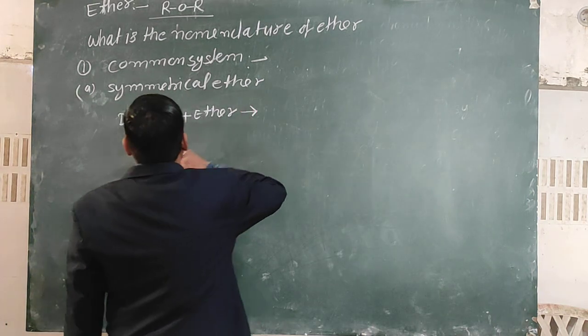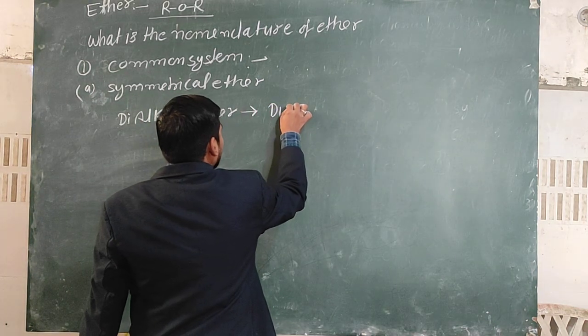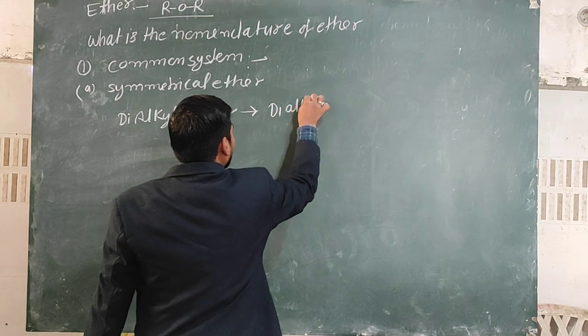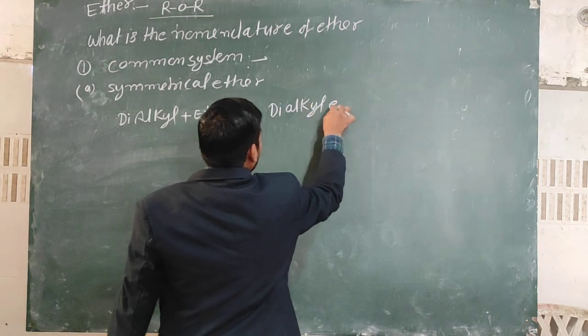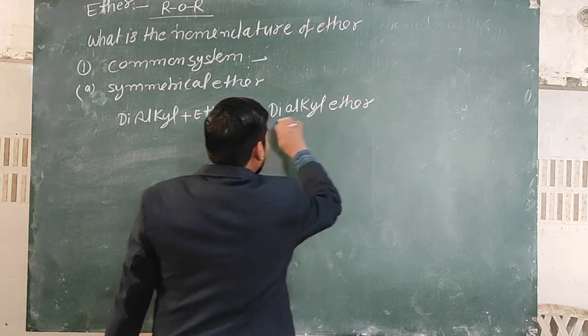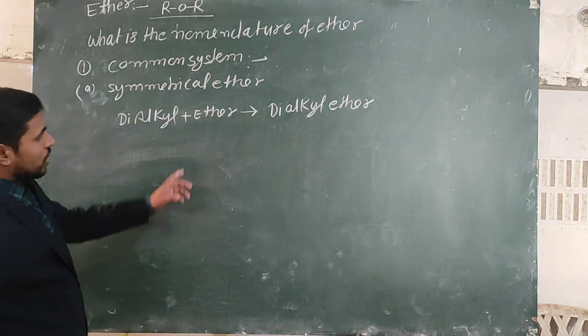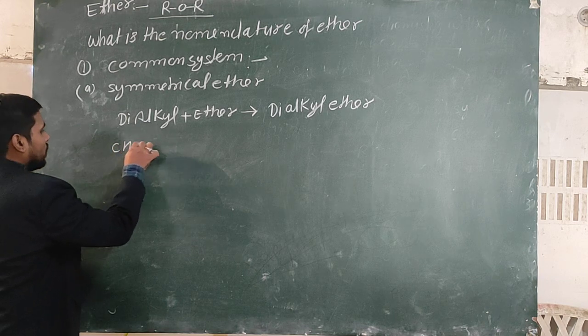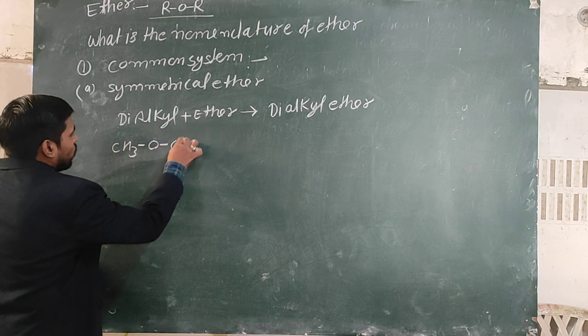Thus dialkyl ether is the common name of symmetrical ether, like CH3OCH3.